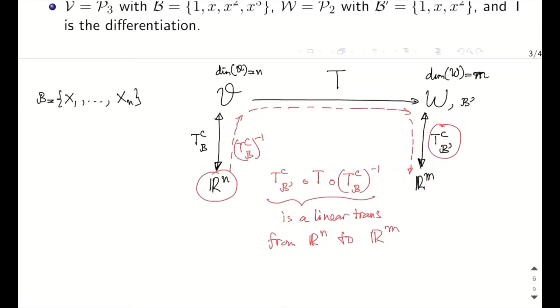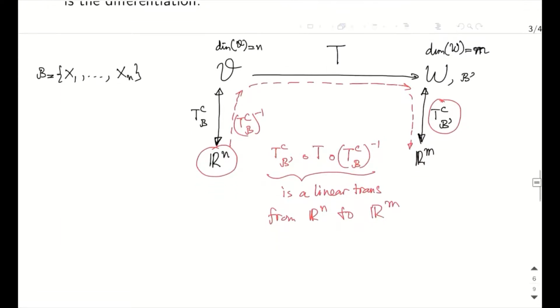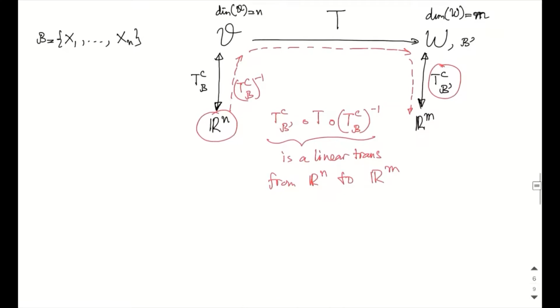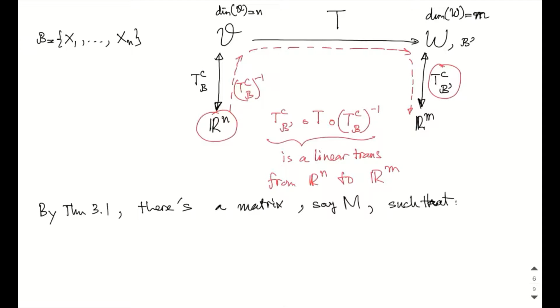By theorem 3.1 in the previous section, when we studied linear transformations from Rn to Rm, there's a matrix. Previously we used A, but this time this T is a little different from the T that goes directly from Rn to Rm, so we use capital M, such that M represents the transformation here.